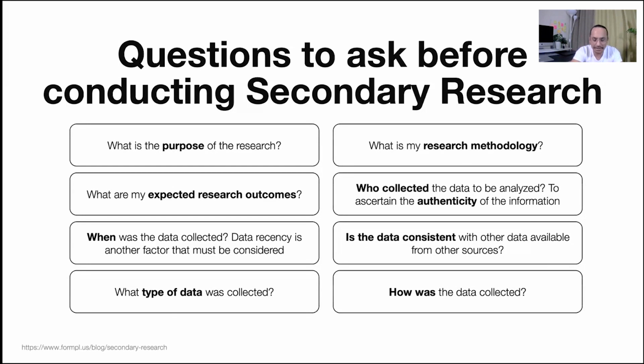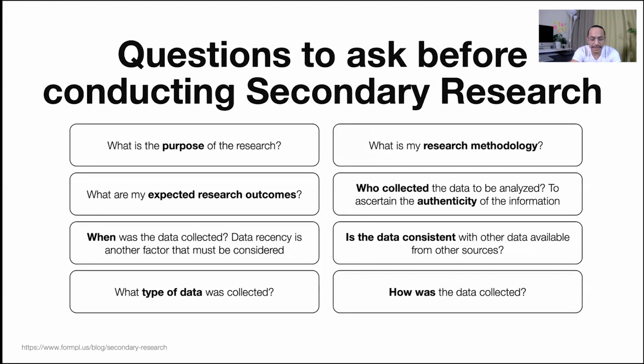Whenever doing this research, we might get different numbers from different sources, so always try to check whether the data is valid or not. And at the end, validate what type of data was collected: whether it was quantitative or qualitative, and in which form. So analyze that, and how the data was collected.